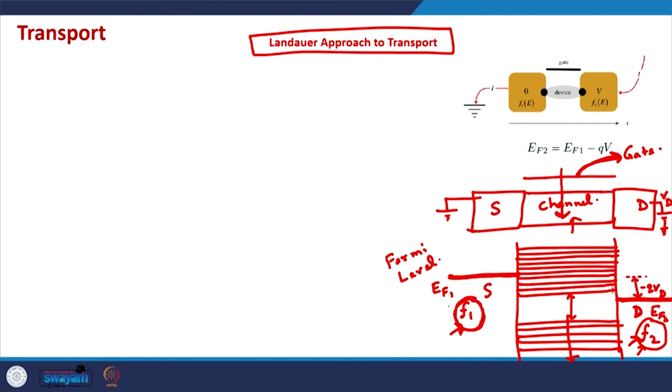What it means is that this source contact tries to fill all the electronic states in the channel up to the source Fermi level, up to this energy level. And similarly, the drain contact tries to fill all the electronic states in the channel up to this energy level. So the energy states in between are the most interesting energy states, because the source is trying to fill them and the drain is trying to empty them, trying to take electrons out of them, and that is how a current is maintained in the device.